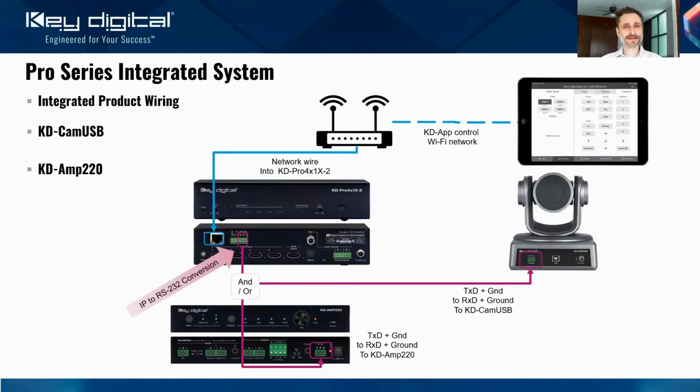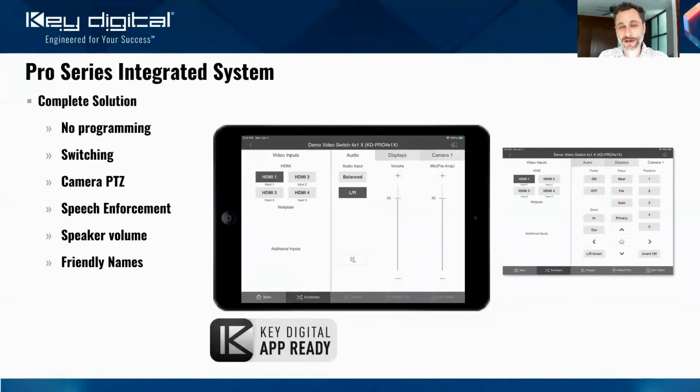So it's never going to cause any confusion. You're able to control the camera, you're able to control the amplifier, and it's all for free from the free app or from our web UI. So we could see here the UI of the amplifier control, audio, source selection, and PTZ camera control.